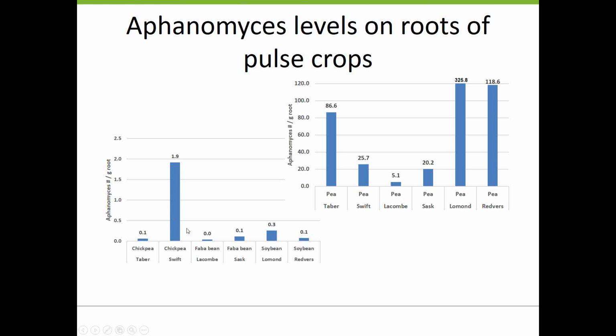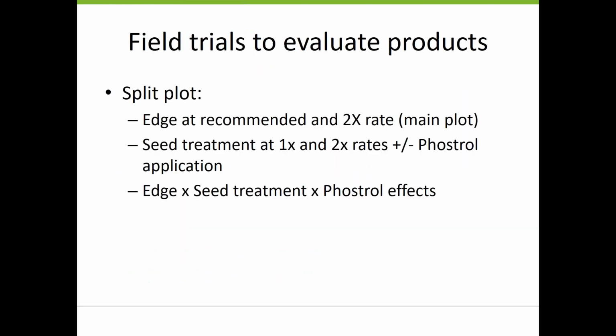And I think with chickpea, there might be differences in varieties. This one was Orion, this one was Leader. So we are going to do a little bit of further investigating to see if there's differences in varieties of chickpeas, ones that can still maintain a little bit of Aphanomyces versus ones that don't allow any growth at all. So that was just the first year of this trial, and we'll continue with that.